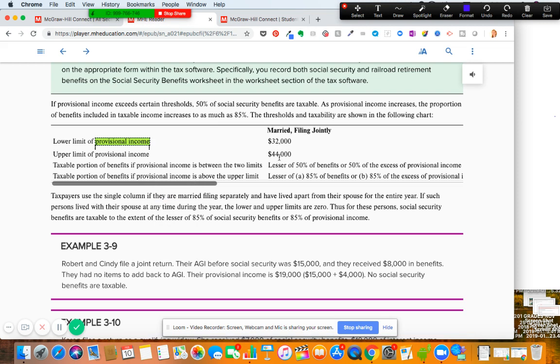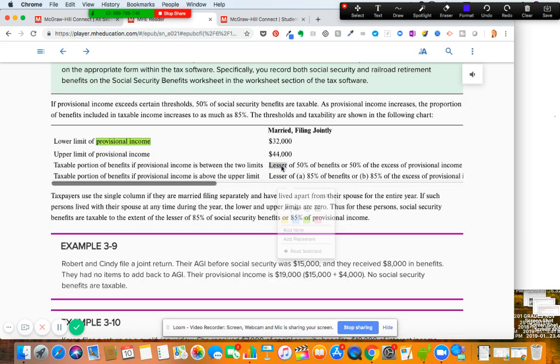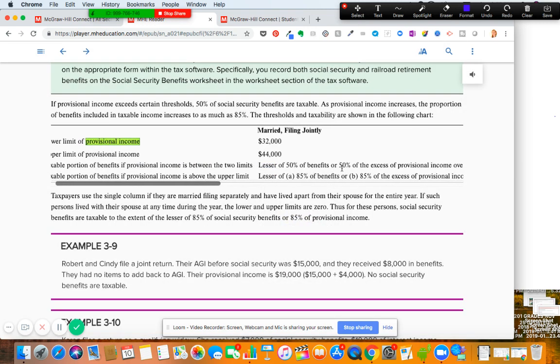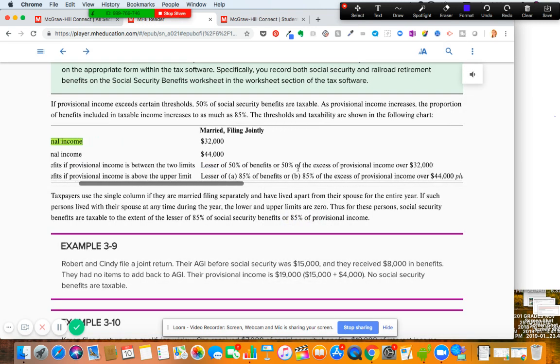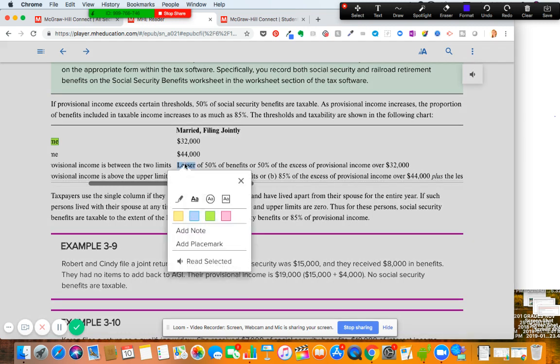A portion is going to be taxable, and you calculate that based on this right here. You compare 50% of Social Security benefits to 50% of the excess amount over the lower limit, and you take the lesser of those two.